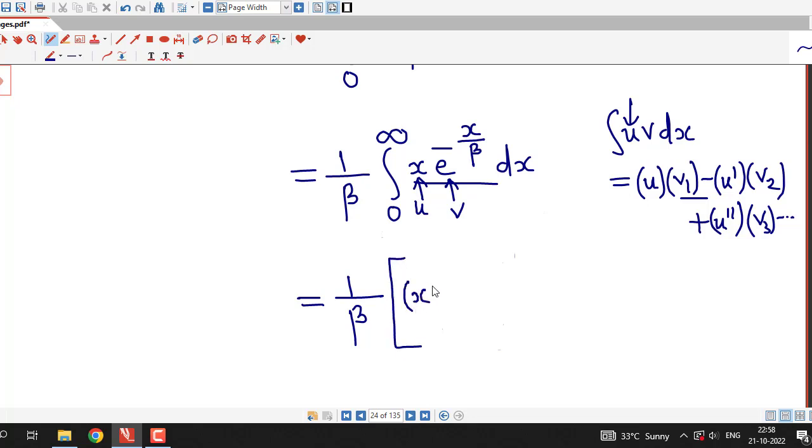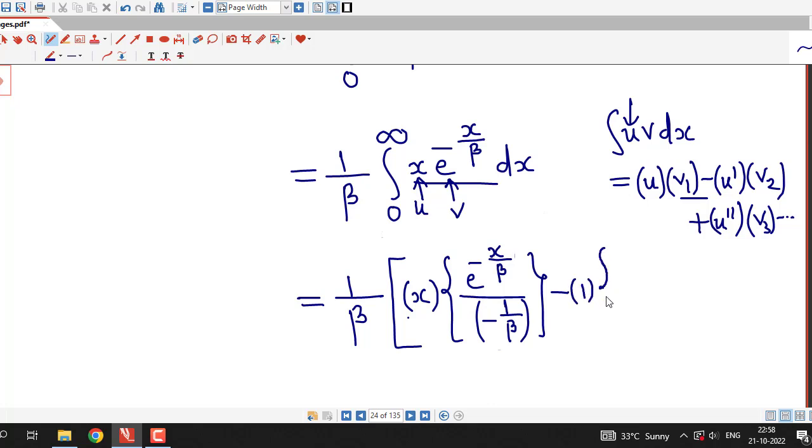So first we keep x as it is, the integral of e raised to minus x over beta is e raised to minus x over beta divided by the coefficient of x, which is minus 1 over beta, minus the derivative of the first term, that is the derivative of x, into the integral of this bracket again.